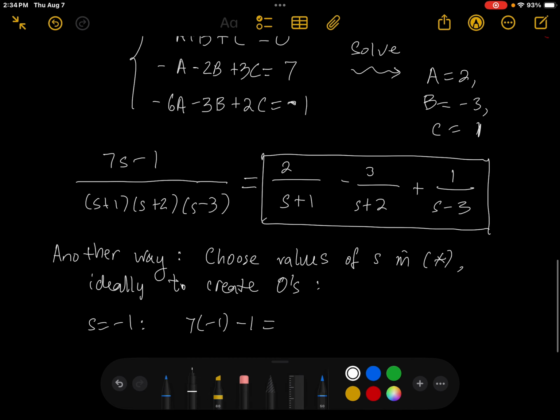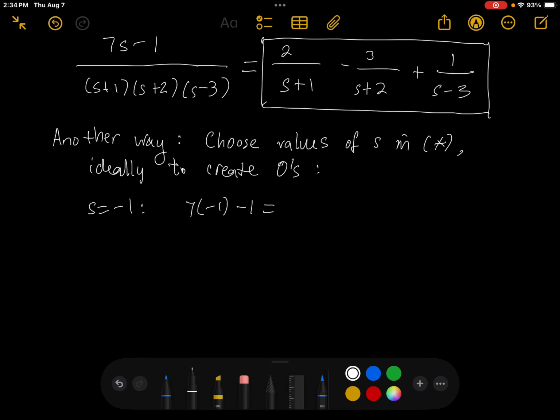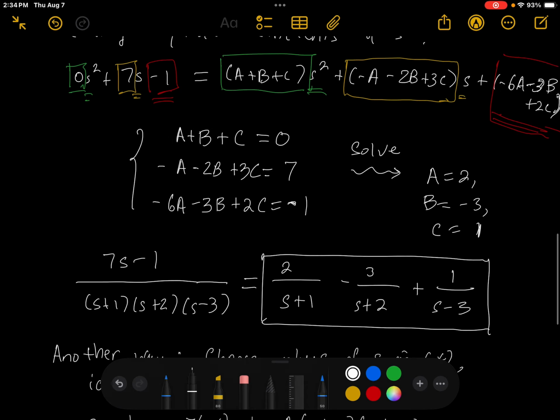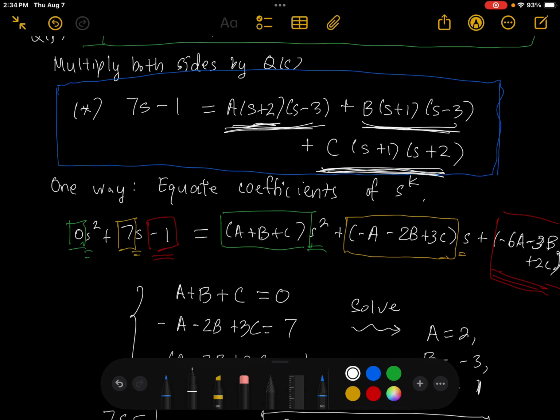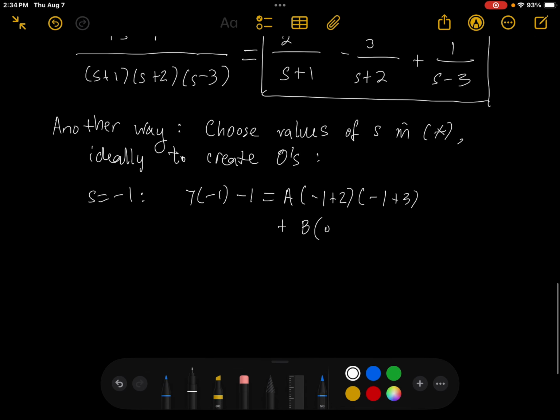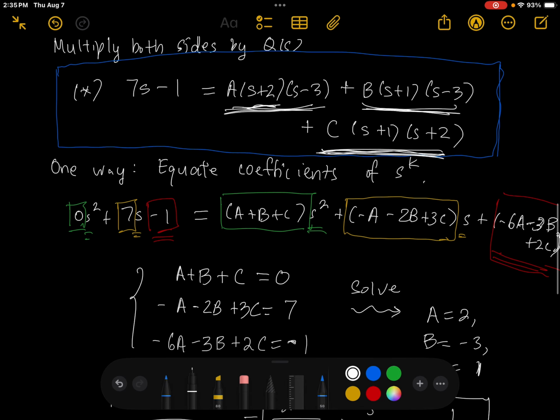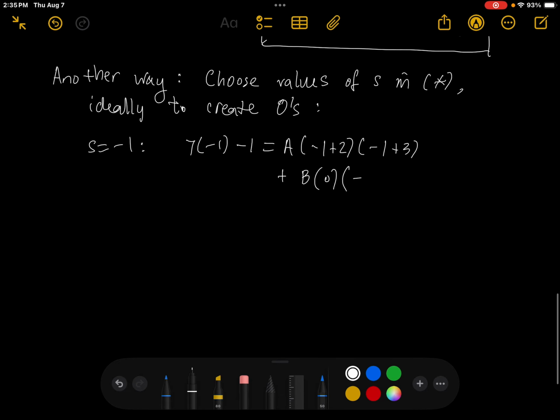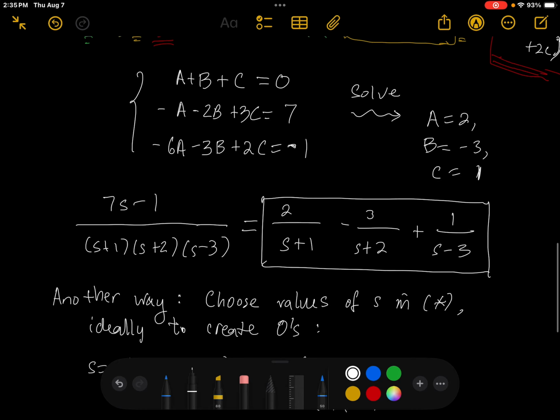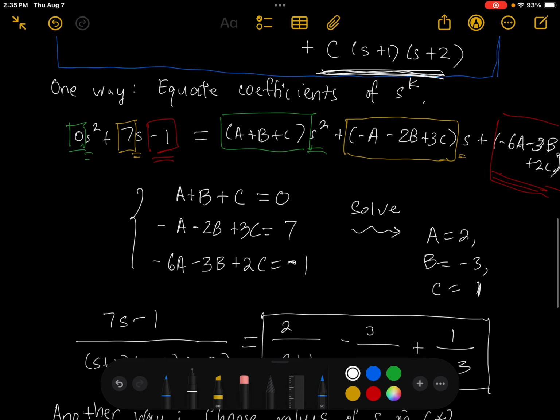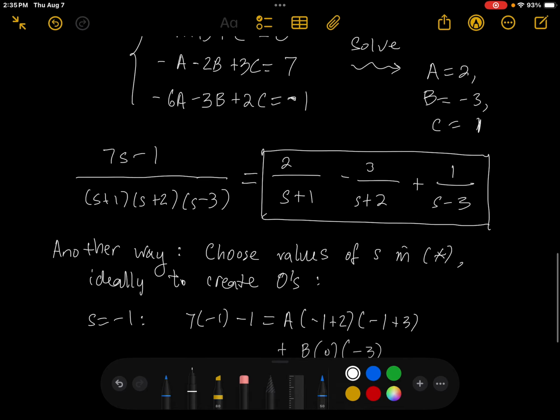So if you plug in negative 1, you're going to get 7 times negative 1 minus 1 equals A times negative 1 plus 2 times negative 1 plus 3 plus, and I'm just writing it all out to show you, B times, and when you plug in negative 1, you get 0. So you get B times 0 times 0 minus 3, so B times 0 times negative 3, and then C times 0 times 1, because negative 1 plus 2 is 1.